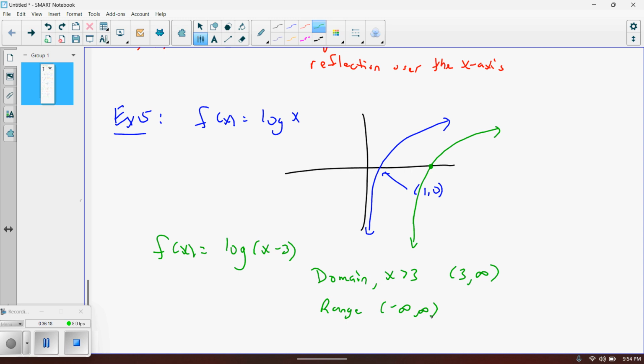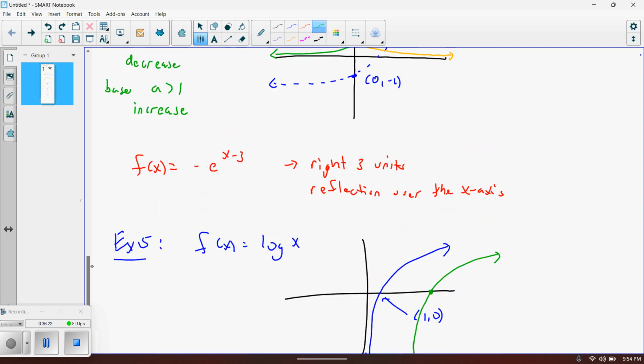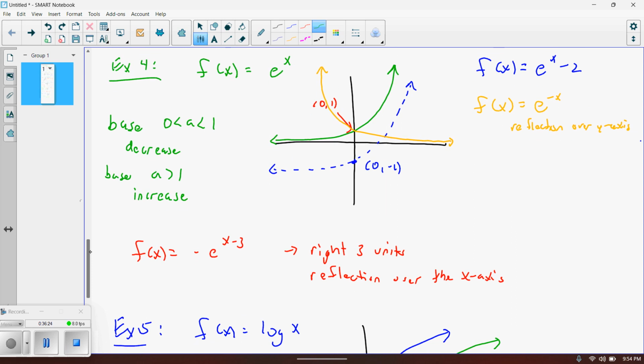And I suppose we should talk about the domain and range of the exponentials above. The domain of all of the exponentials is also all real numbers, because x can be anything, but the range is going to be dependent upon the shifts. So in a standard one, the one that was in green there, or even the one that was in orange, because all it was was a reflection over the y-axis, goes from 0 to infinity.